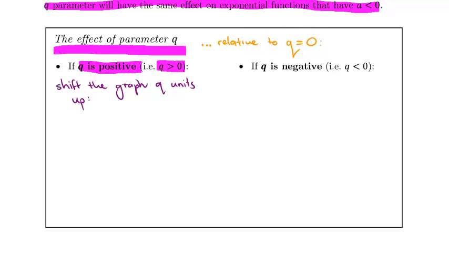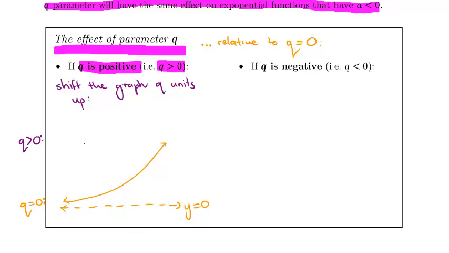So let me show it to you like this, guys. When q is equal to naught, then we will have an asymptote where y is equal to naught will be the equation of the asymptote. And let's just, for example, say we had this exponential graph over here. Now, if we then change q from being equal to naught to q being greater than naught, then everything in this graph will shift q units up.